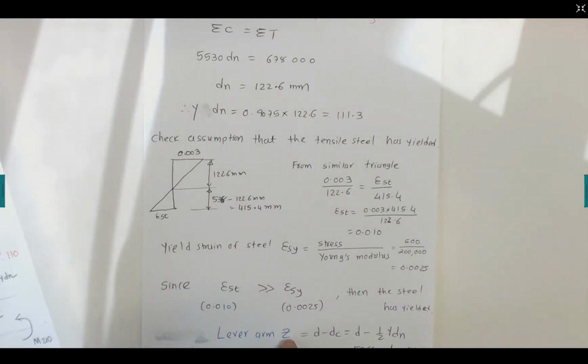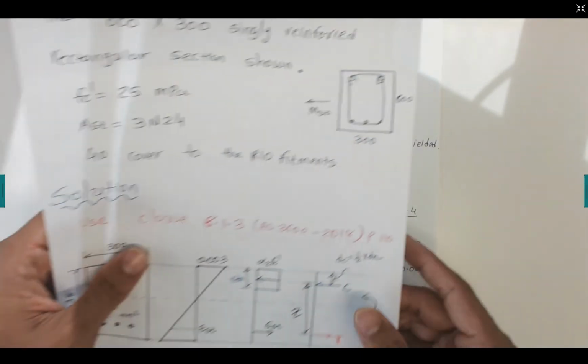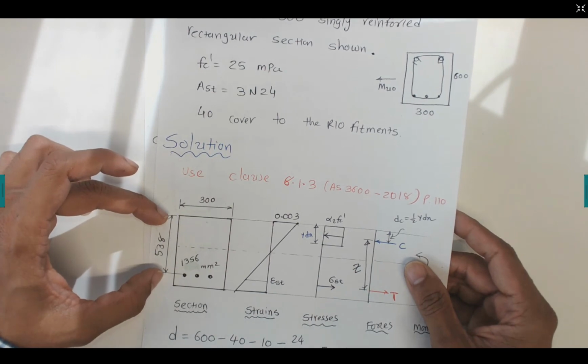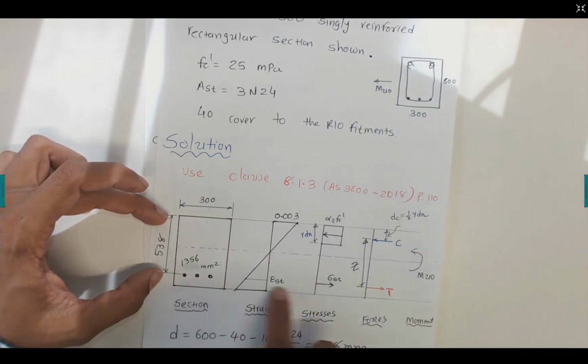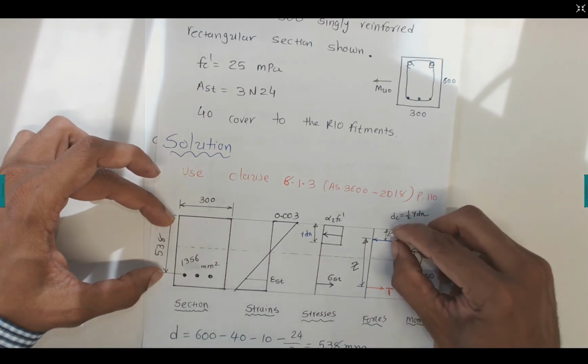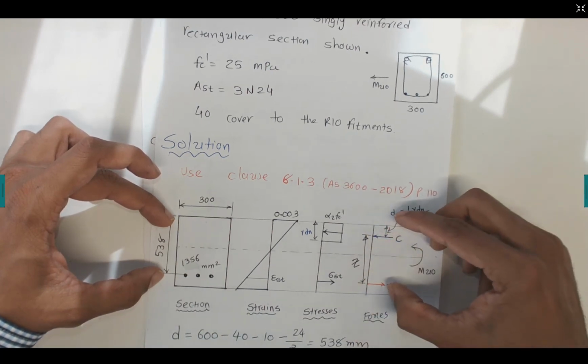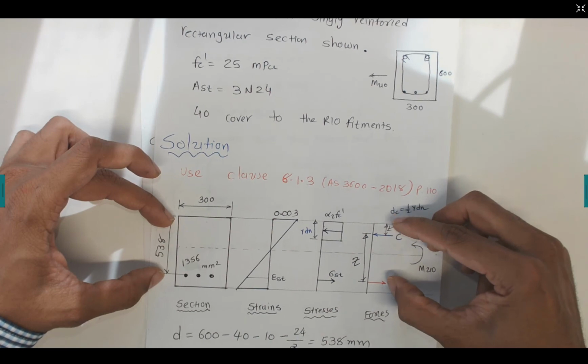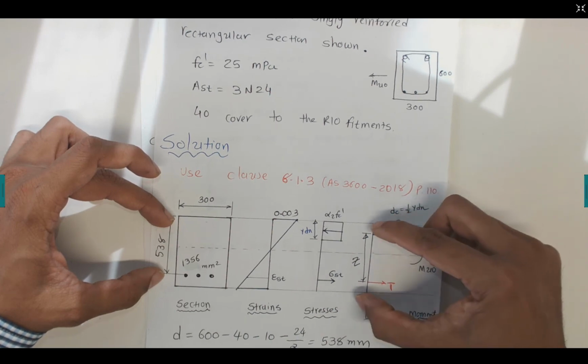If you want to calculate the lever arm, we know that this depth d is 538, up to here. Take away this distance and that will give us the z value.